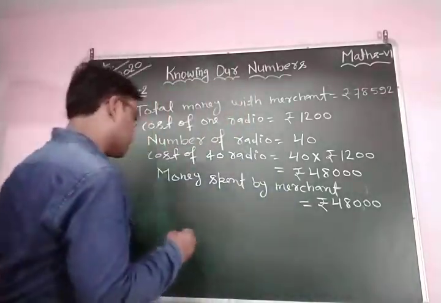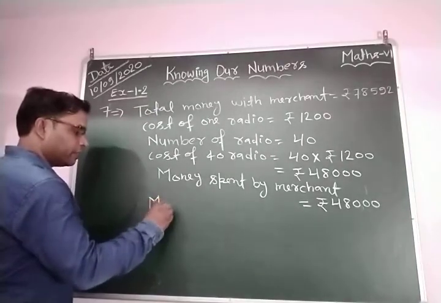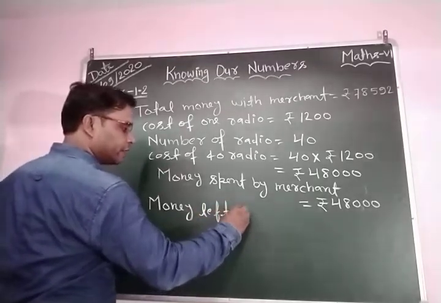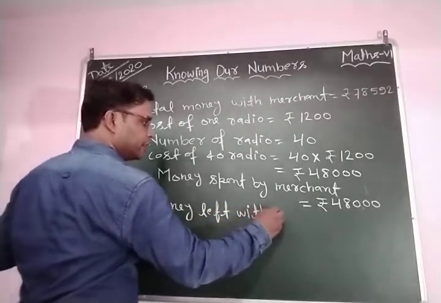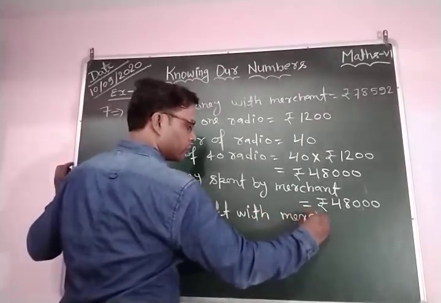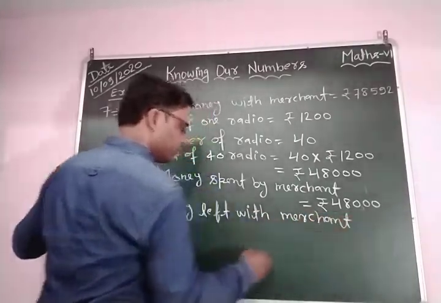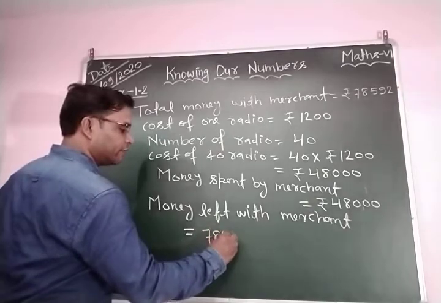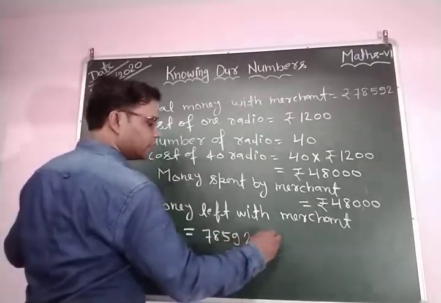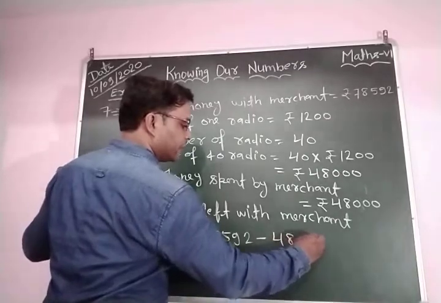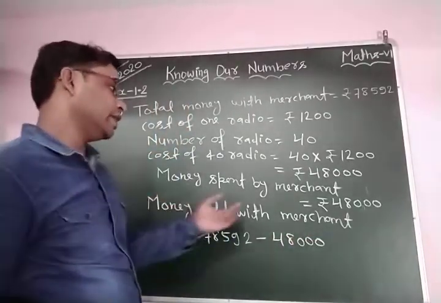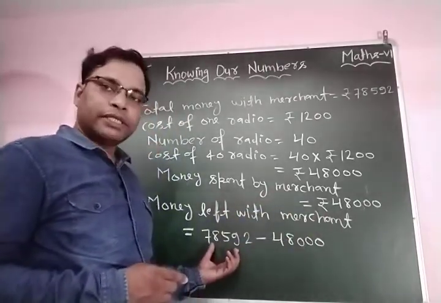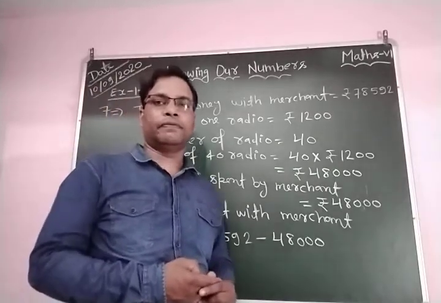Okay, so here you can write: money left with merchant is equal to total money with merchant, 78,592, minus 48,000 rupees, the money spent by the merchant. The money with the merchant is 78,592.